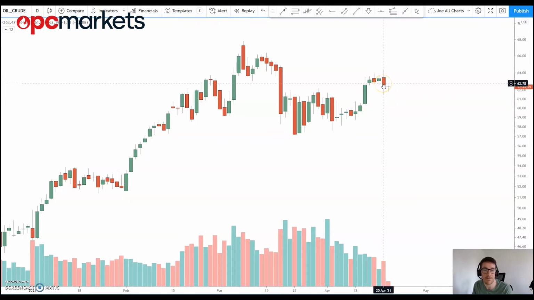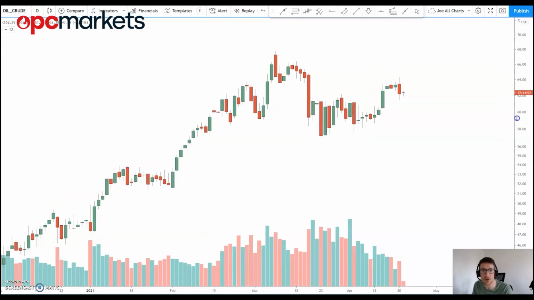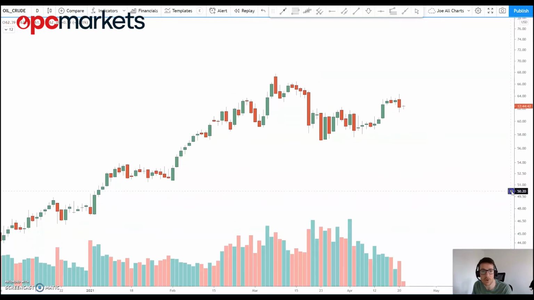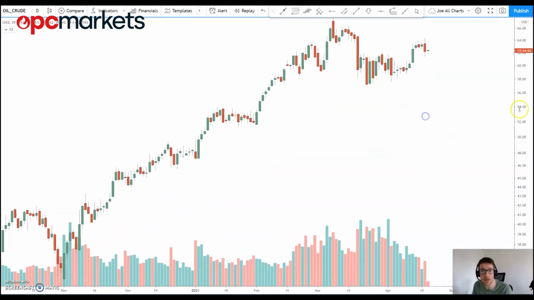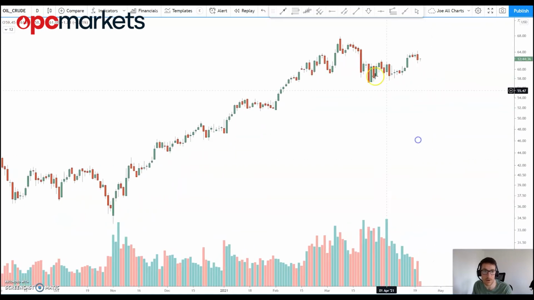So there we have that confirmed, that outside day, and that's a reversal candle. You can trade them in isolation if you've got a trading model. You'd simply open a new trade today, expecting a continuation lower in the price of oil. So with that candle alone, we can summarize that the outlook in the very, very short term is quite bearish.